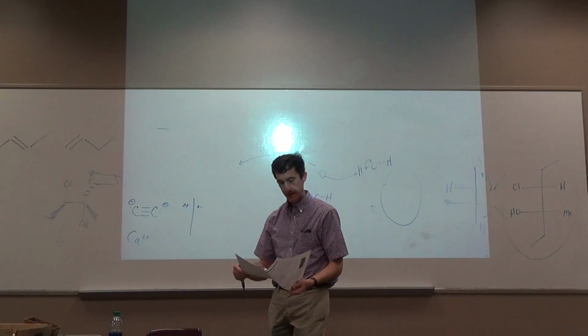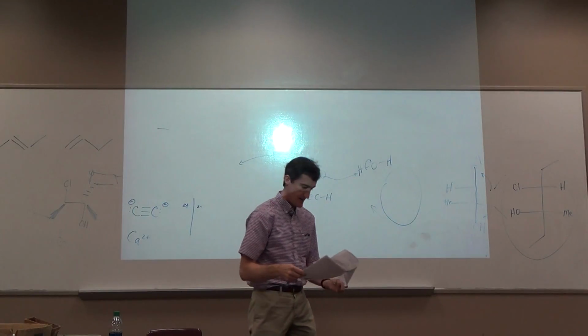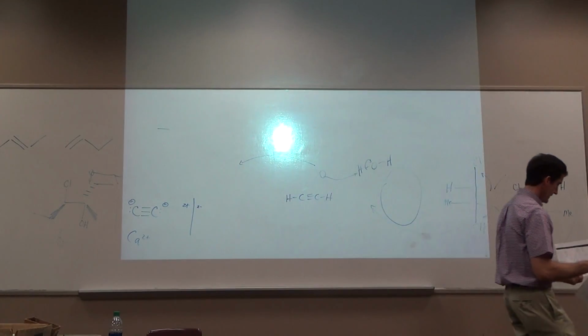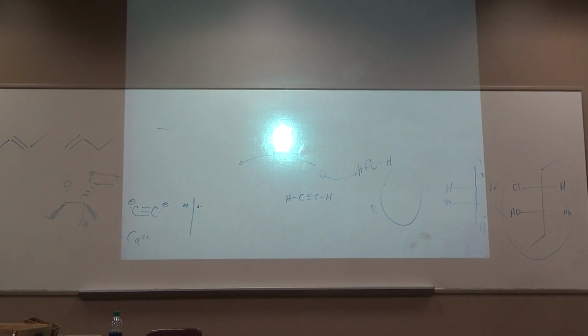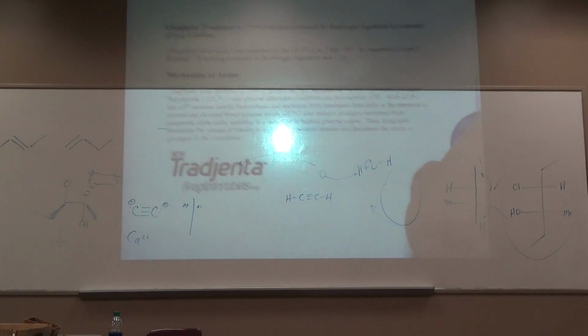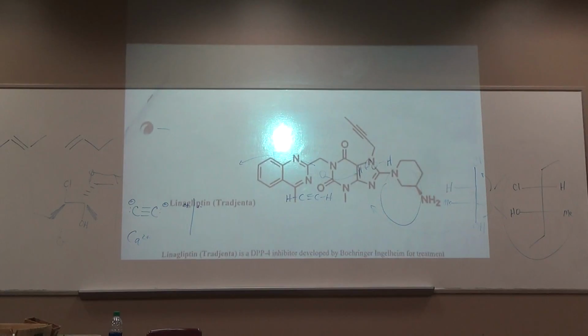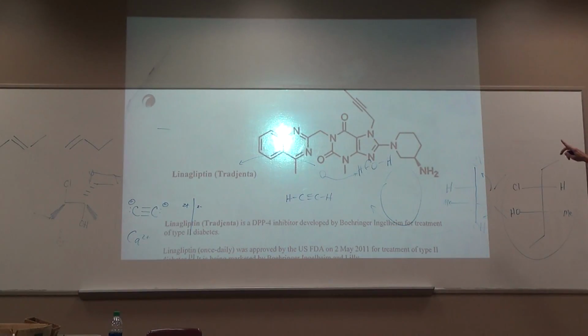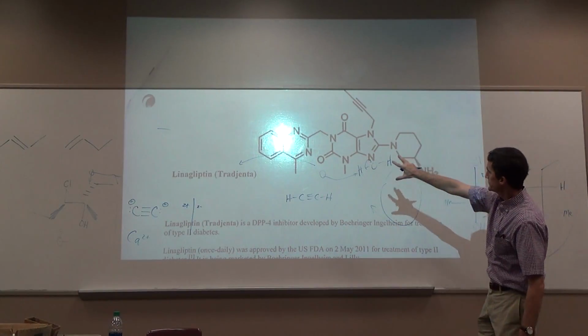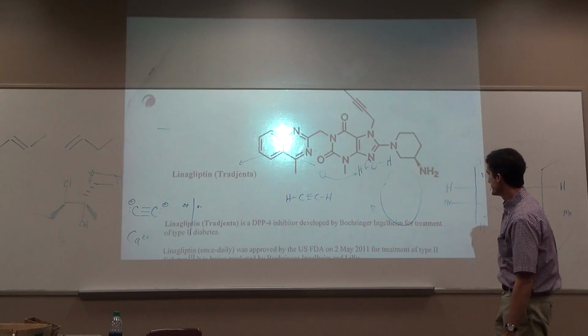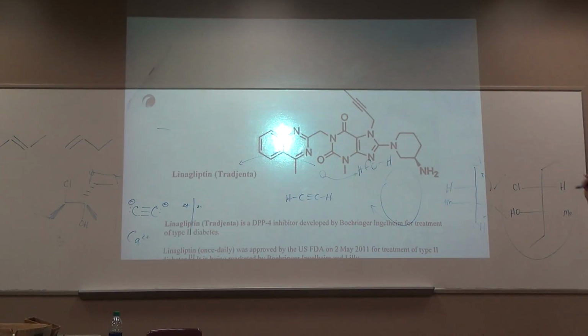Okay, that finishes up alkynes. There were a couple of miscellaneous things here. There's a drug with an alkyne sitting up there, lots of rings, nitrogens. Drug for diabetes. Okay.